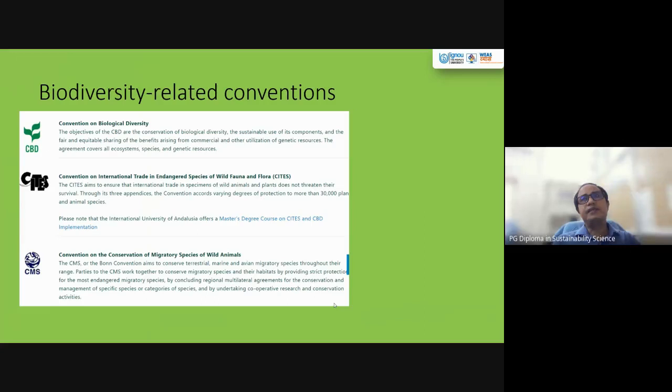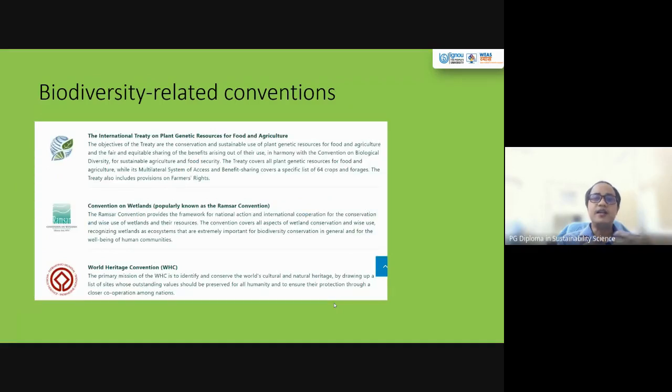And we know that since the 1970s, we have had a number of biodiversity-related conventions, and special focus on the conservation of biodiversity started since the 1990s. We have the Convention on Biological Diversity, the Convention on International Trade in Endangered Species of Wild Flora and Fauna, the Convention on Conservation of Migratory Species of Wild Animals, and the International Treaty on Plant Genetic Resources for Food and Agriculture.